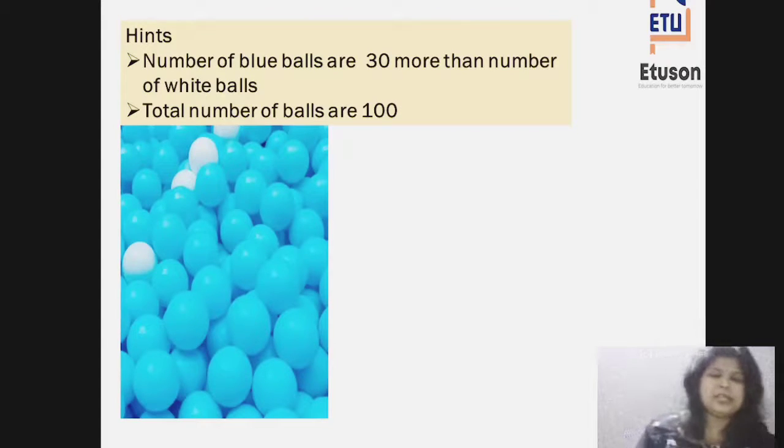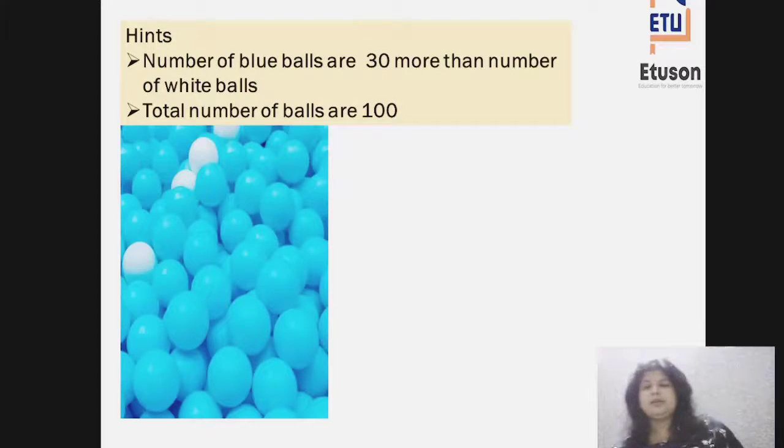Again, by using the trial and error method, you will start with 10. Let white balls W be equal to 10. Then the number of blue balls B will be 10 plus 30, that is 40. Then W plus B will be 40 plus 10, that is 50, because you have to reach 100. You have a number of choices.